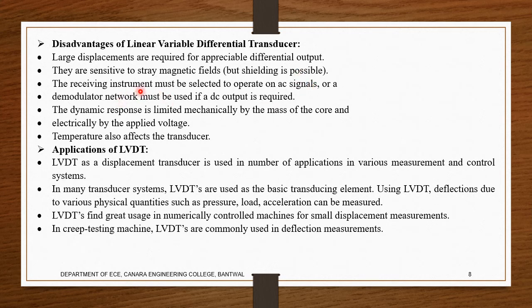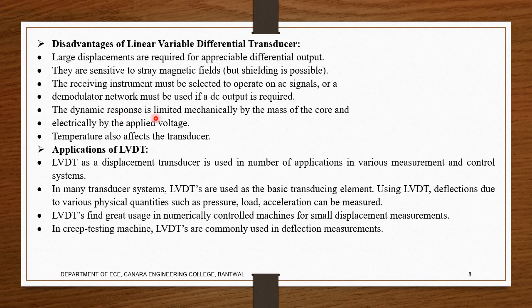The receiving instrument must be selected to operate on AC signal, or a demodulator network must be used if a DC output is required. So these are the two other disadvantages. There has to be DC or an external demodulator network has to be used.